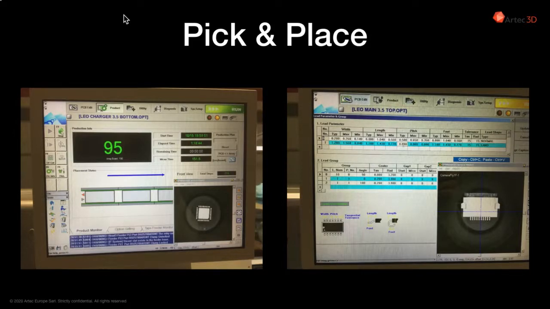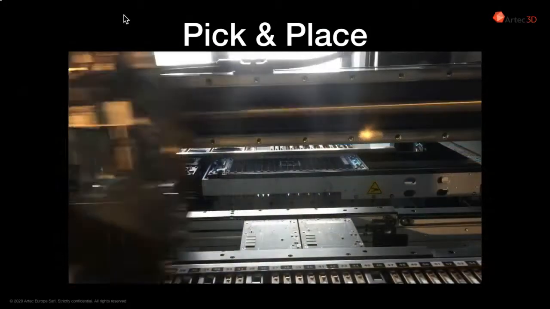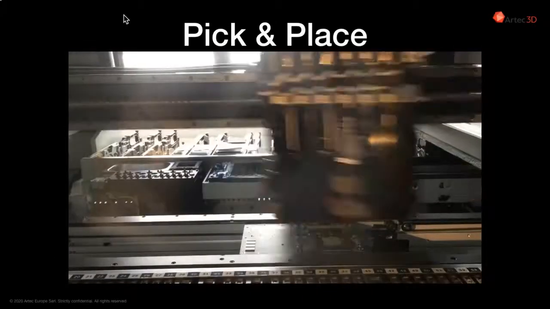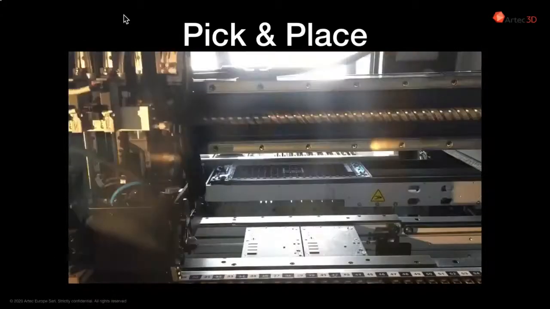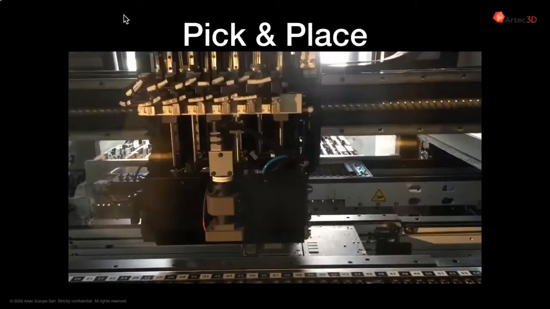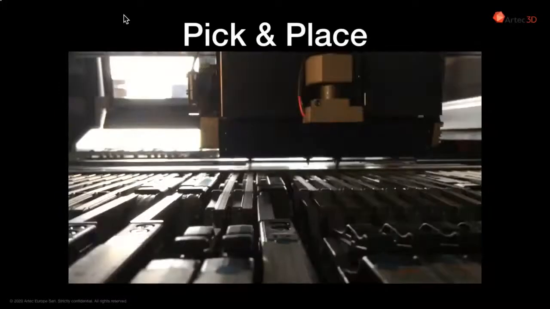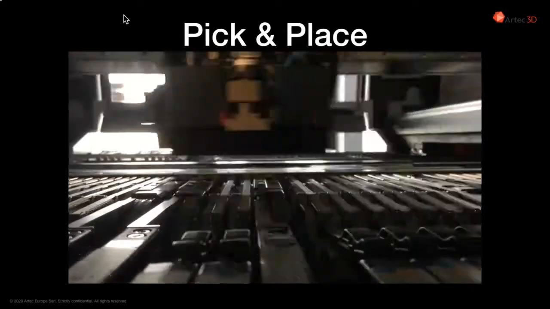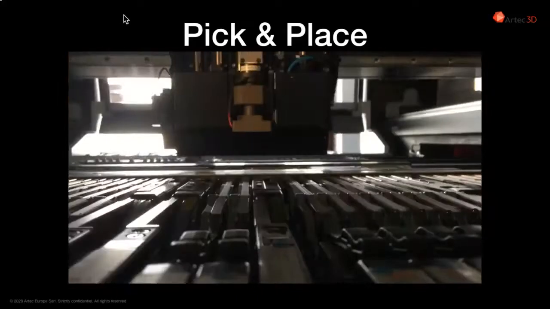So it's good enough for modern components, for modern pitch and so on. So how does the process look? It's really spectacular. You can see how we assemble the main PCB of the Leo device.